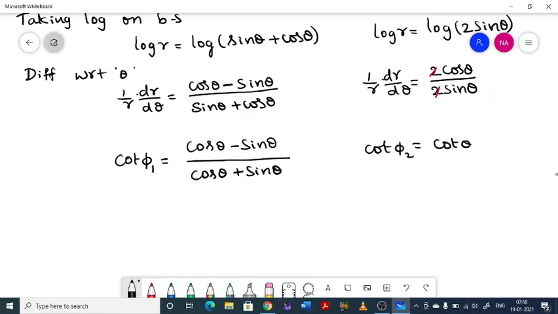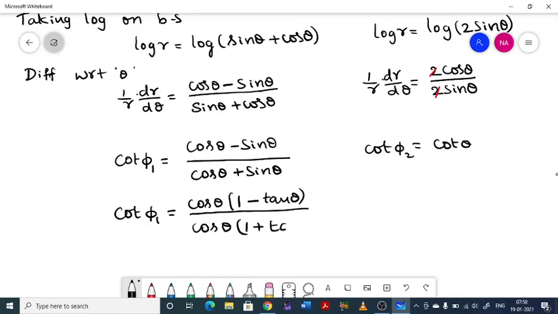Now dividing both numerator and denominator by cos theta, this reduces to cot phi 1 equal to, see, you can take cos theta outside in both numerator and denominator. Here, taking cos theta outside, 1 remains, sin theta by cos theta, and sin theta by cos theta you can write as tan theta, divided by, similarly here cos theta comes out, 1 plus tan theta.